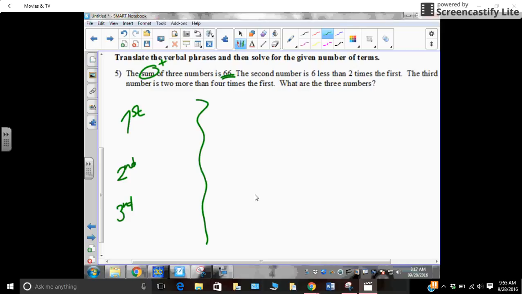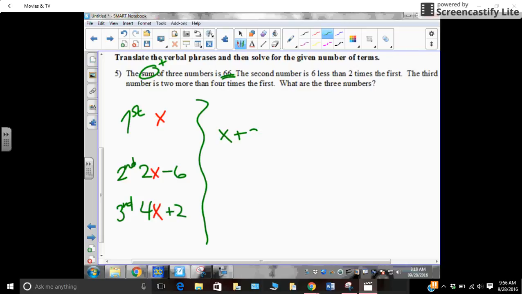If the second number is 6 less than 2 times the first, then the second number would be 2x subtract 6. And if the third number is 2 more than 4 times the first, then we would have 4 times the first, or 4x, and then 2 more than that.